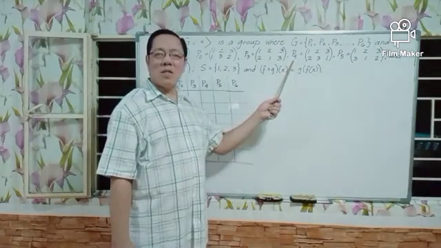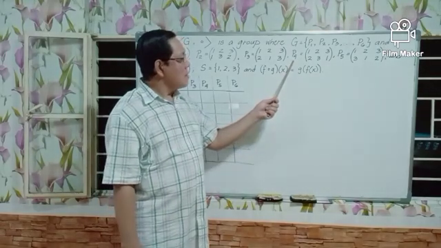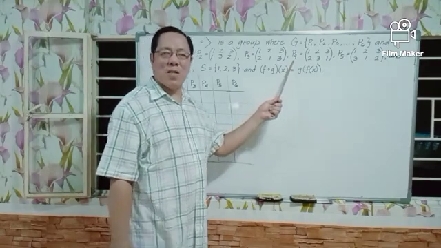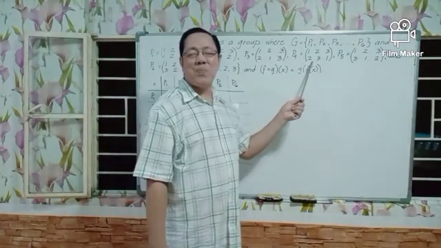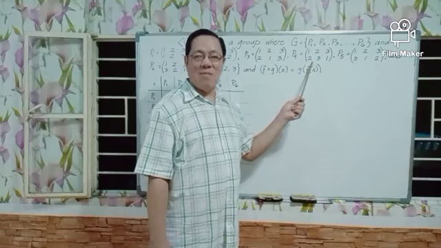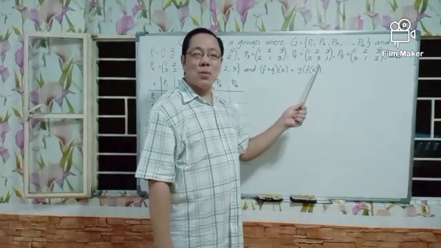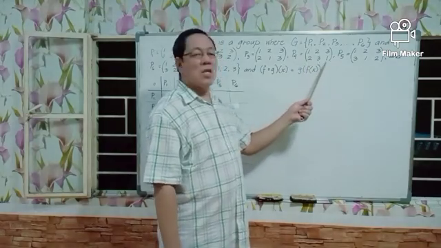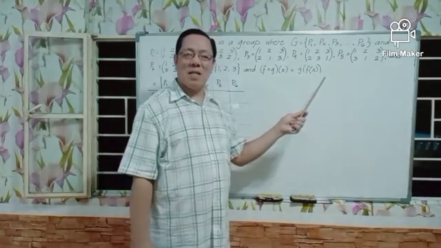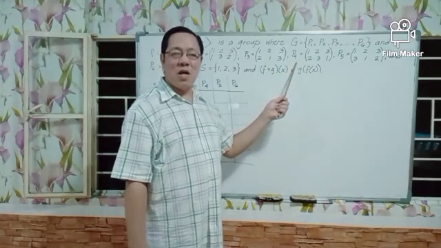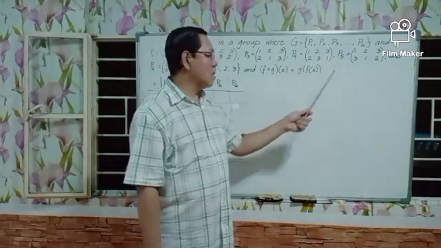The fourth function, from set S to itself, assigns the numbers 1, 2, 3 to the numbers 2, 3, 1, which represents the fourth permutation of the numbers 1, 2, 3.